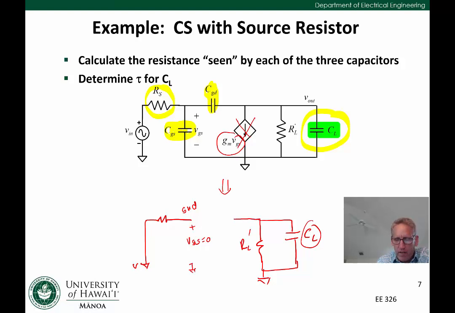We can say that R for CL is equal to RL prime, and that's the resistance CL sees. So tau 1 is just equal to CL RL prime. Again, this is by inspection. Okay, so we've got our first tau 1 for CL. Let's move on now and do the tau for CGS.